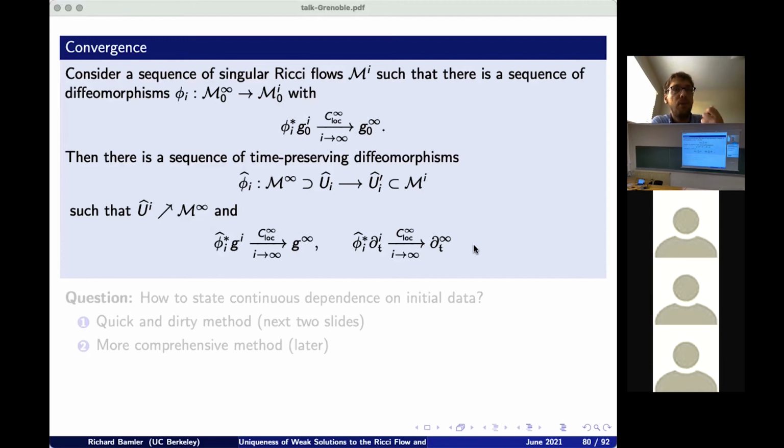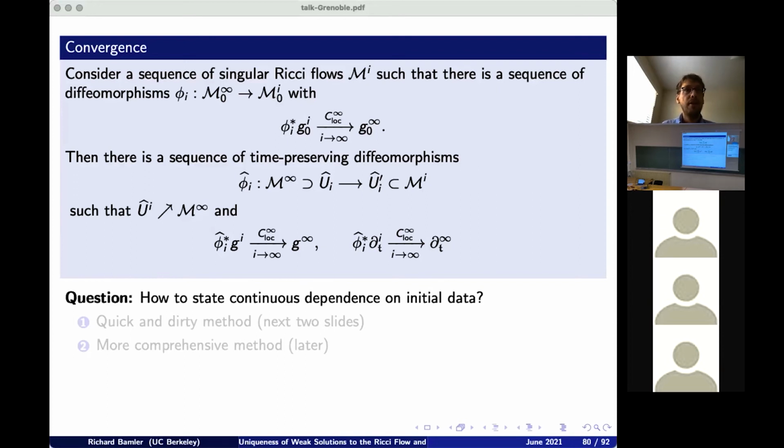What happens to the pullbacks of the time vector fields? Well, remember, the pullback of the time vector field essentially tells us how much the harmonic map heat flow moves. And the harmonic map heat flow is somewhat determined by the discrepancy between the pullback of the metric and the metric itself. So if we have this smooth convergence, then we have smooth convergence of the time vector fields. Okay? So this is maybe some of the closest way that we've gotten to stating some kind of continuous dependence of singular Ricci flows on their initial data.